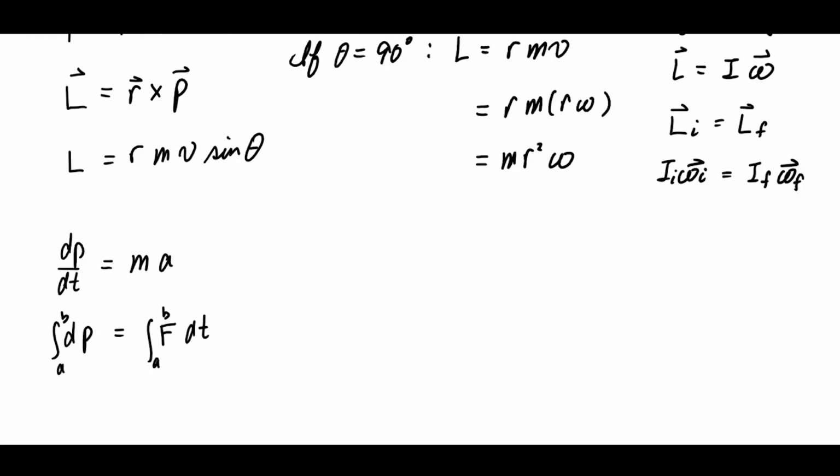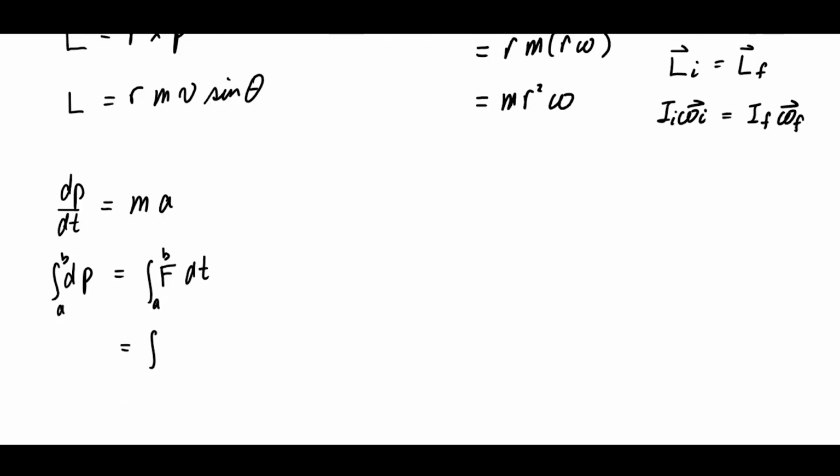Then time is equal to A to B. And then the right-hand side still remains the same thing, right? F as a function of t, dt, from A to B. And guess what we pick up on the left-hand side? Do you believe it? Because it becomes P, final minus initial. You get it?